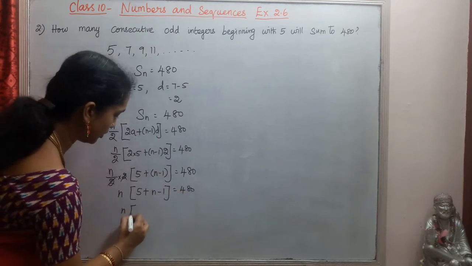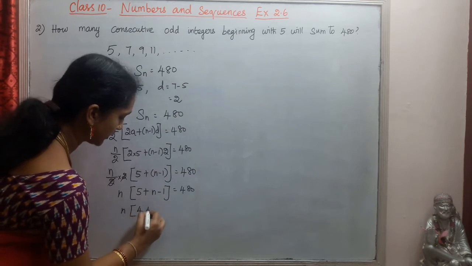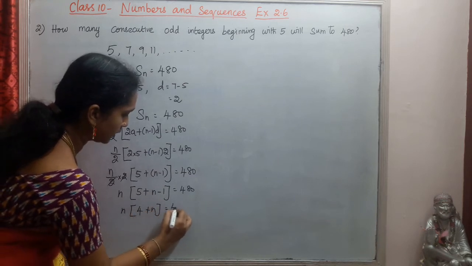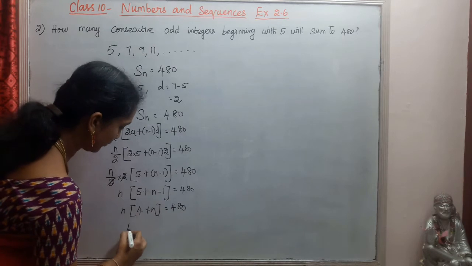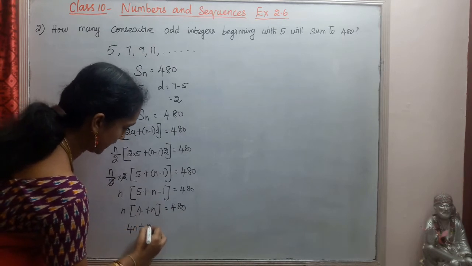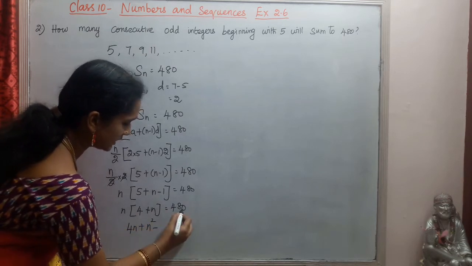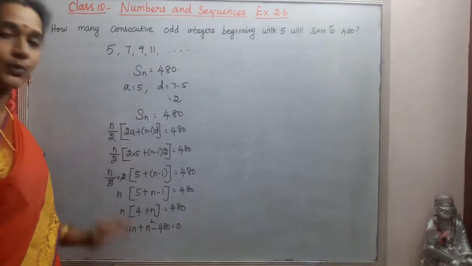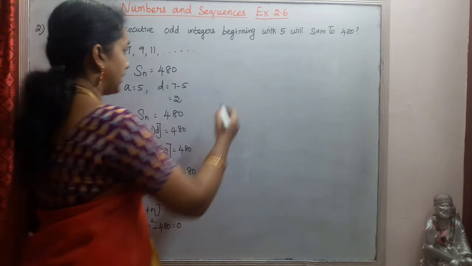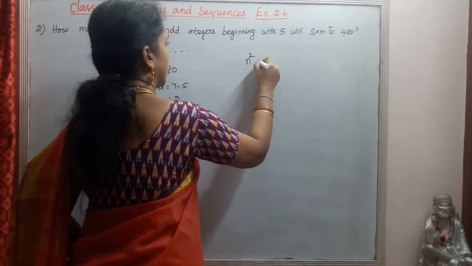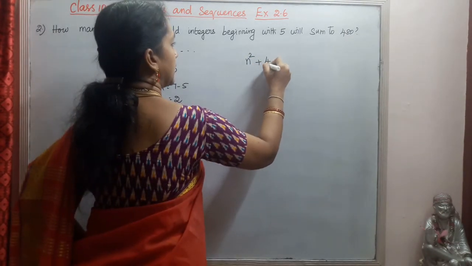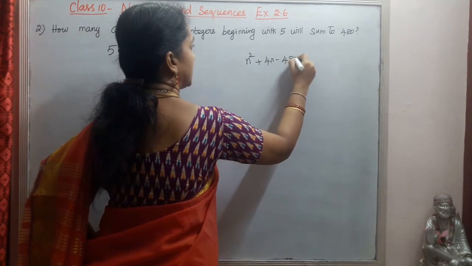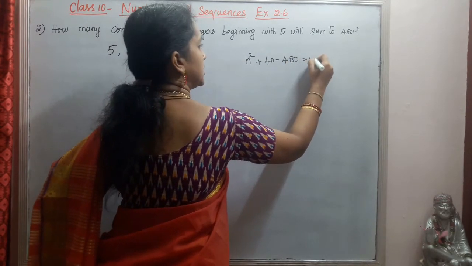So n into 5 minus 1, 4, plus n is equal to 480. So 4n plus n squared, minus this 480 I am bringing to this side, minus 480 is equal to 0. If I rewrite this, n squared plus 4n minus 480 is equal to 0.